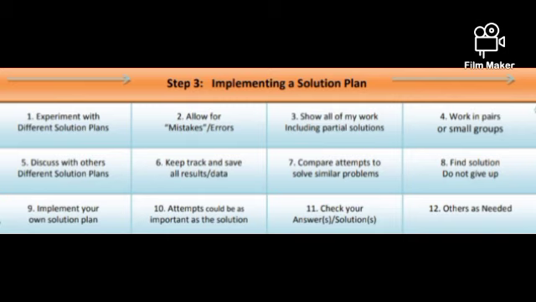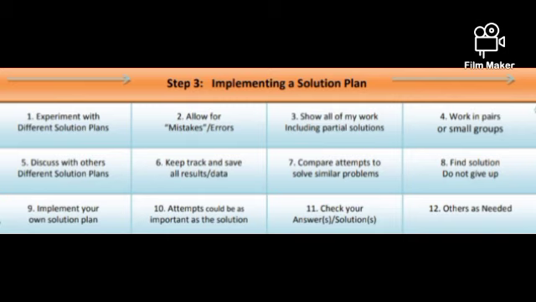The advantage of having more than one solution plan is for you to decide which of your solution plans is the most efficient and less time consuming, and that is the plan that you would finally implement to solve the problem.